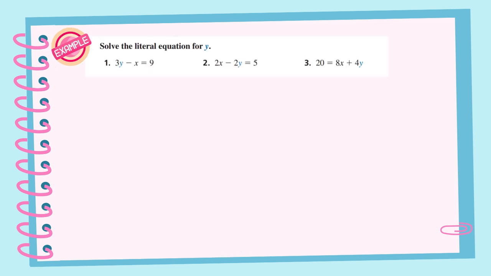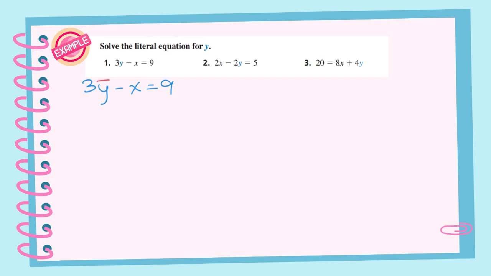Solve the literal equation for who? For y. So in number 1, we have what? 3y minus x equals 9. Who are we solving for? Correct, for y. So that means that the y is next to a what?